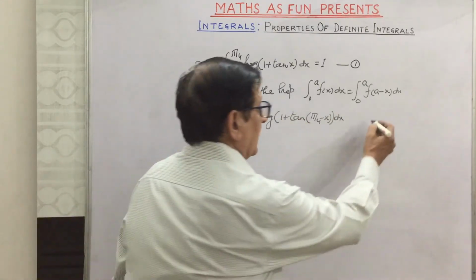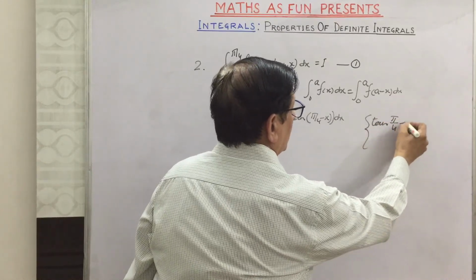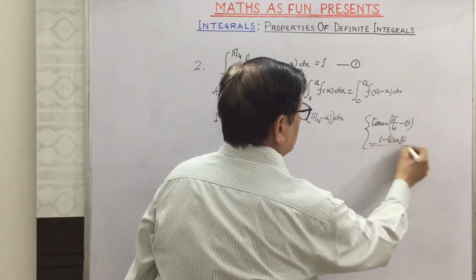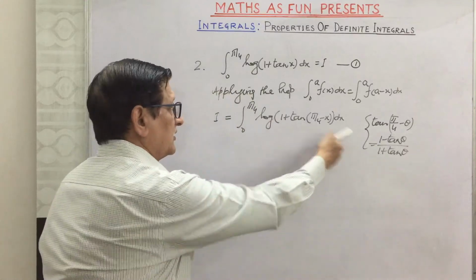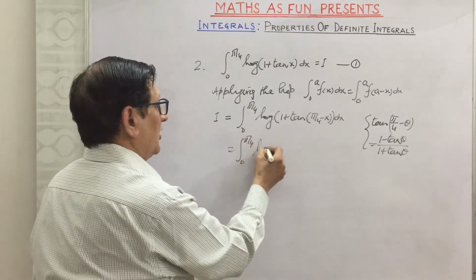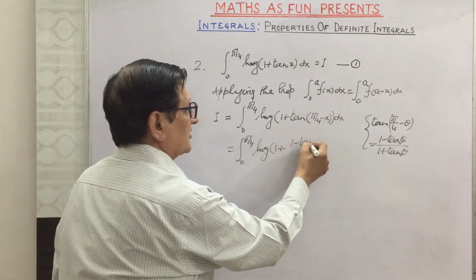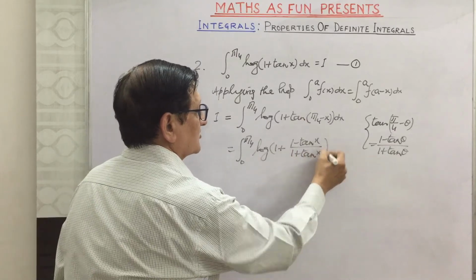We know the identity tan(pi by 4 minus theta) is equal to (1 minus tan theta) upon (1 plus tan theta). Applying this here, we will get integral from 0 to pi by 4 of log of 1 plus (1 minus tan x) upon (1 plus tan x).